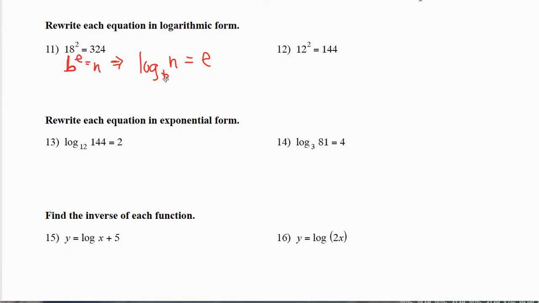So the base drops down, answer comes here, exponent to the end.